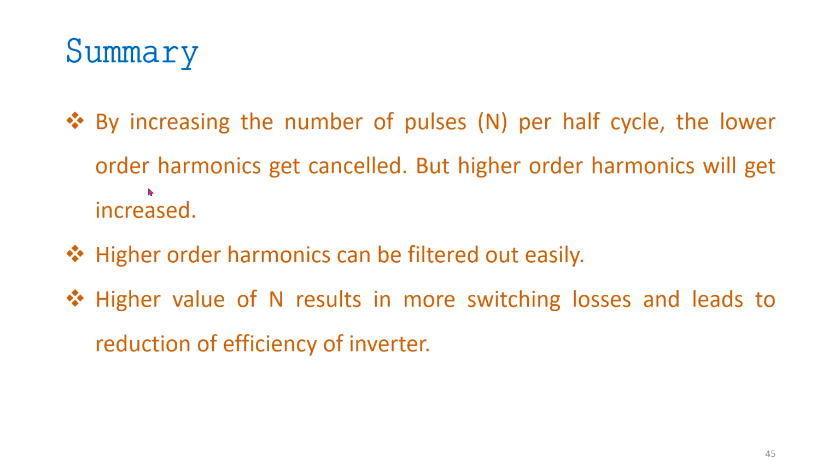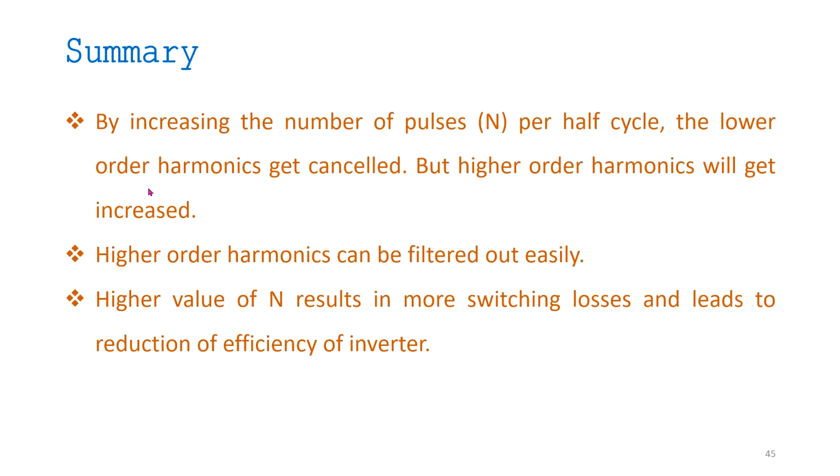Summary: by increasing the number of pulses per half cycle, the lower order harmonics get cancelled. Higher harmonics increase but can be filtered easily. A high value of n results in more switching losses and leads to a reduction of the efficiency of the inverter.